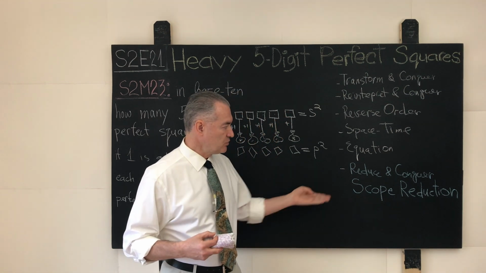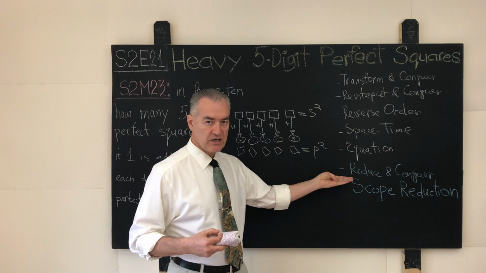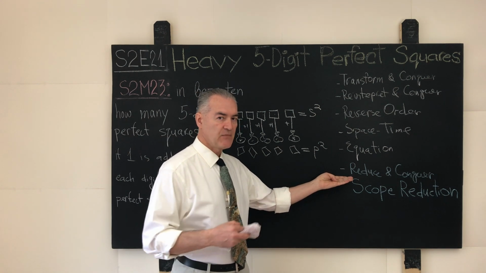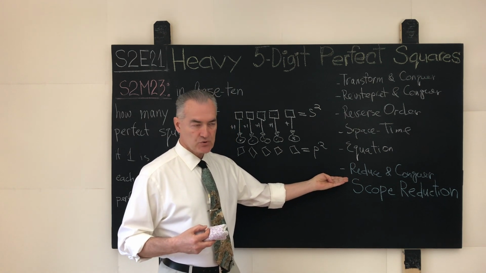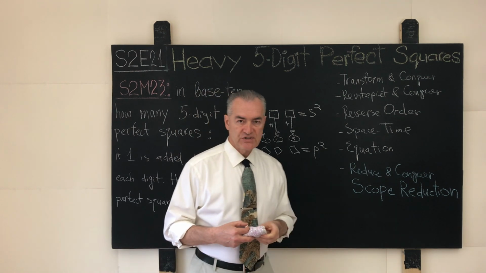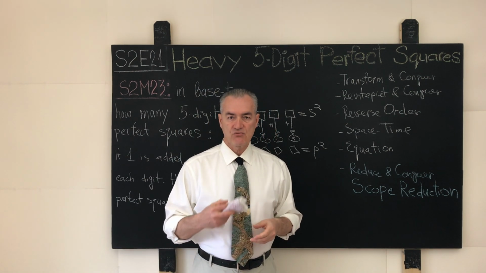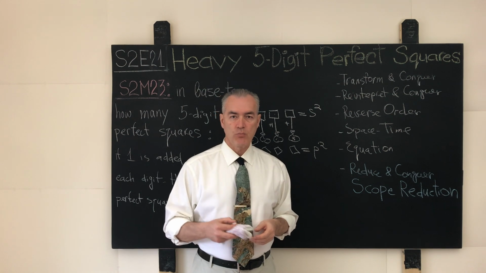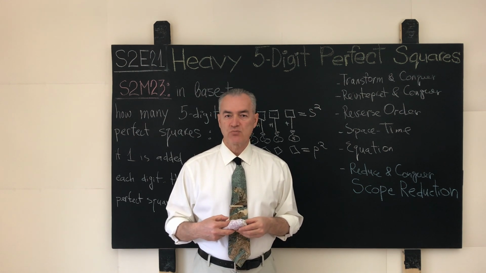Using this template, we can say expand and conquer is another name for that approach. And now we want to understand how the reduce and conquer, or scope reduction, problem-solving approach works.